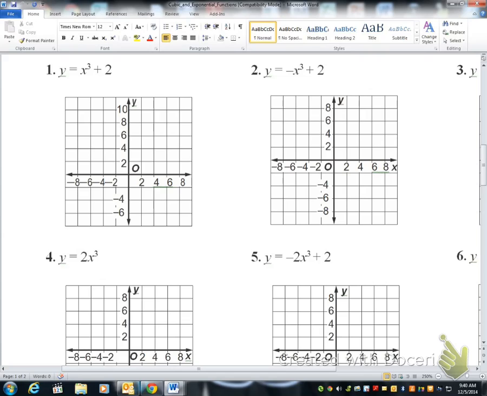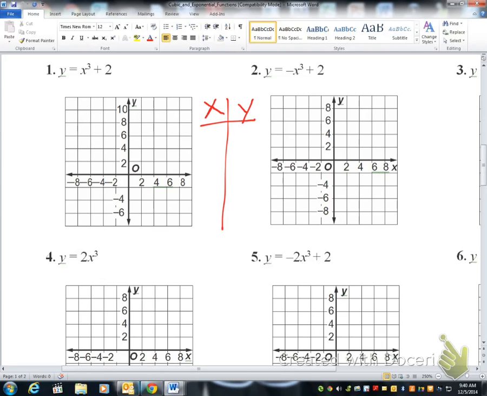All right, so let's look at number 1. We're going to look at number 1 and number 2 together. All right, so I'm going to make a t-table. Again, what points do you absolutely definitely want to include? -1, 0, and 1.